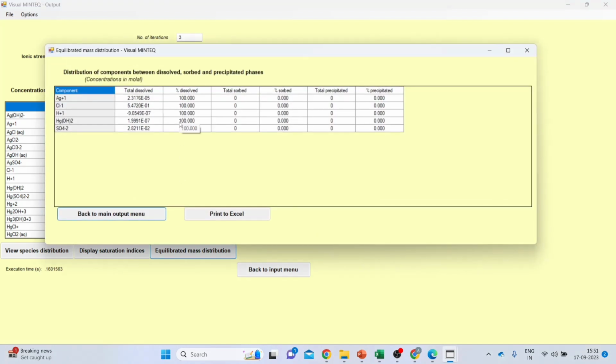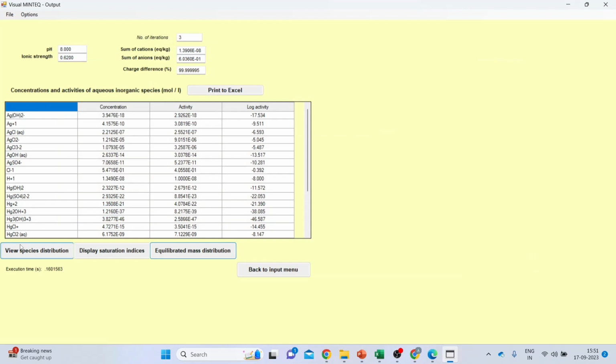In here it is given in terms of total dissolved. What is the percentage dissolved? What is the percentage that is sorbed? And what is the percentage that is precipitated? But we will see this in the precipitation of the solids. Here we will see the species distribution.